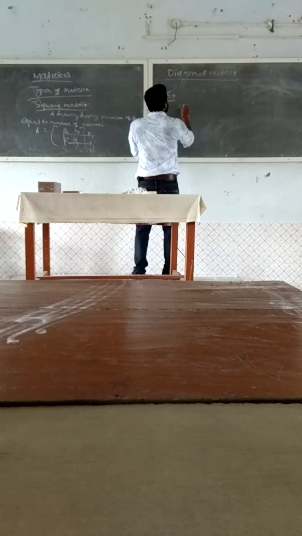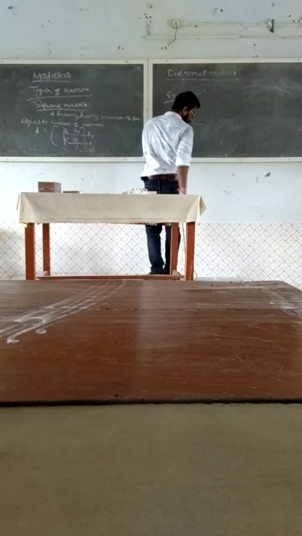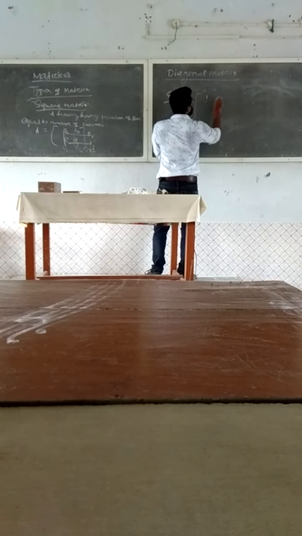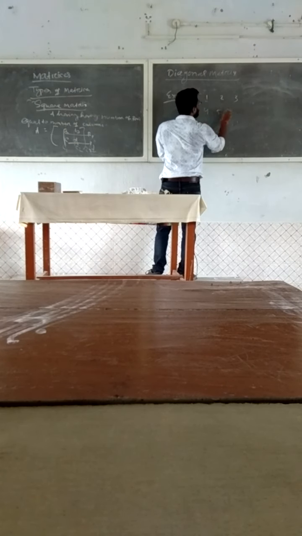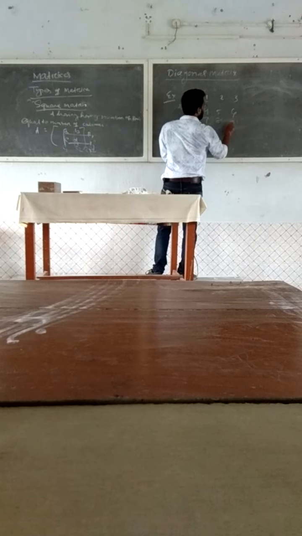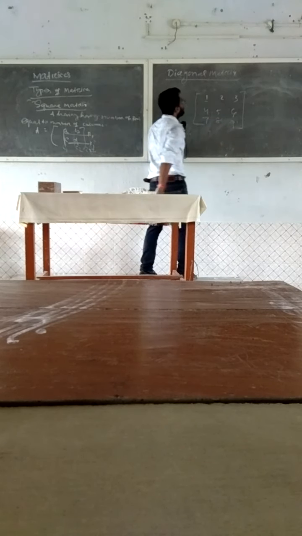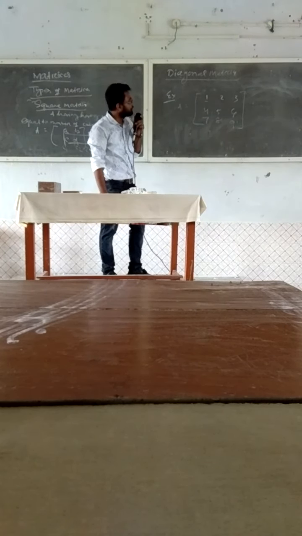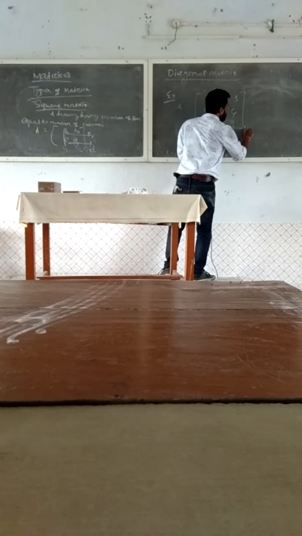Like it's a matrix 1, 2, 3, 4, 5, 6, 7, 8, 9. This is a matrix of order 3 by 3.